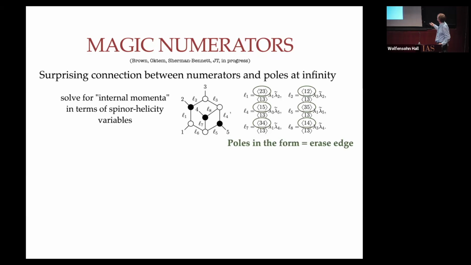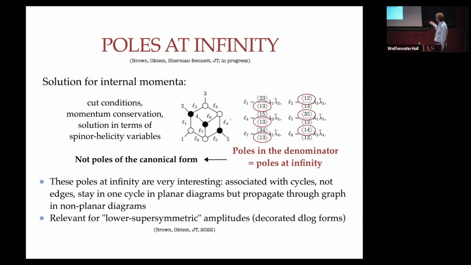Everything which is in the numerator corresponds to erasing an edge. If we send it to 0, we just erase a given edge, we get a simpler diagram, and it corresponds to poles in that given canonical form. Now, there are also things in the denominator. They are not poles of the canonical form.